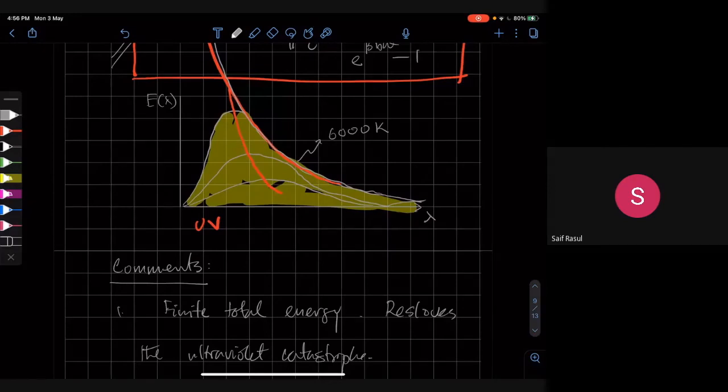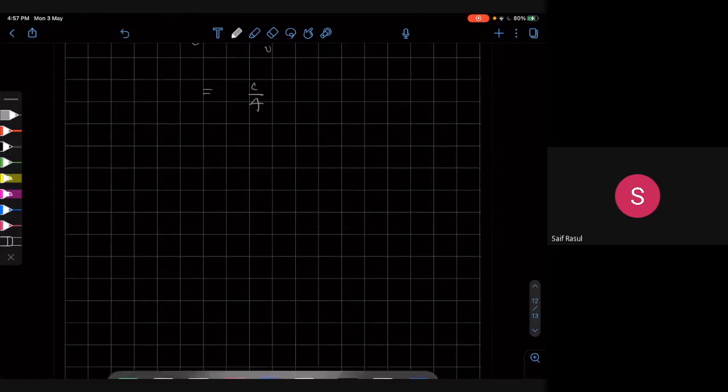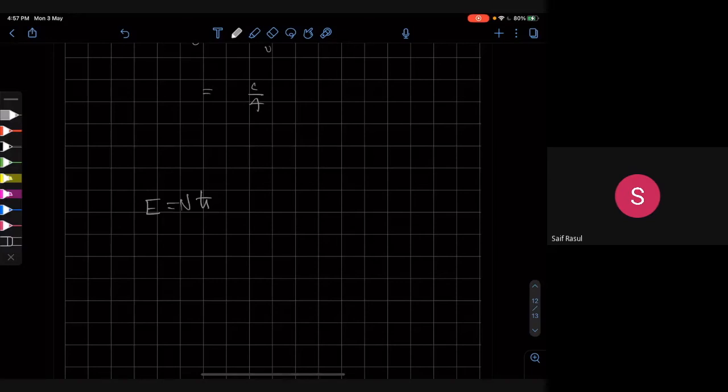It's really the high frequencies where you're getting more and more contributions from the classical oscillators. But in quantum mechanics, the oscillator energy expression is E equal to n h bar omega.